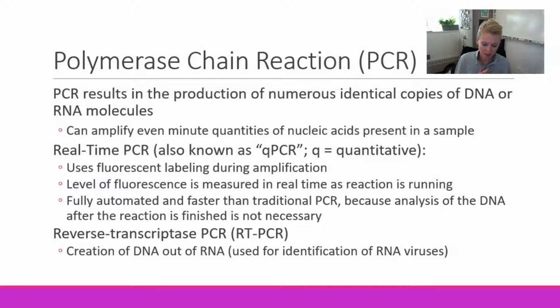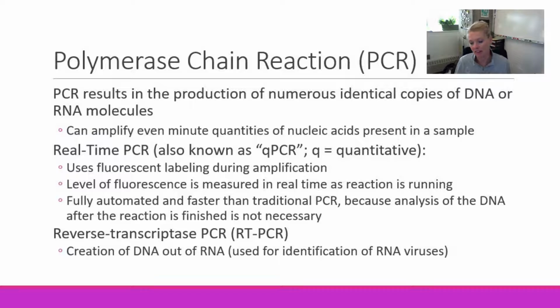Another type of PCR has an RT in front of it, reverse-transcriptase PCR. With reverse-transcriptase PCR, you are actually creating DNA out of RNA and then amplifying the DNA. This is used for RNA viruses like SARS-CoV, as well as influenza viruses.